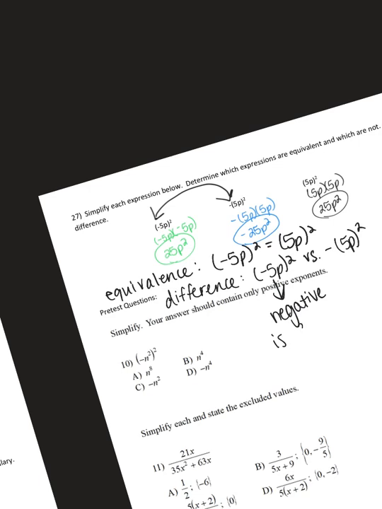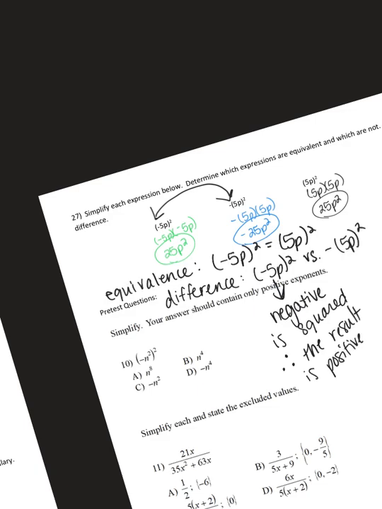So the result is positive. These three little triangles mean therefore. Therefore is used a lot in upper level math, and so somebody just made up a symbol. So negative is squared, therefore the result is positive. That would explain the difference.